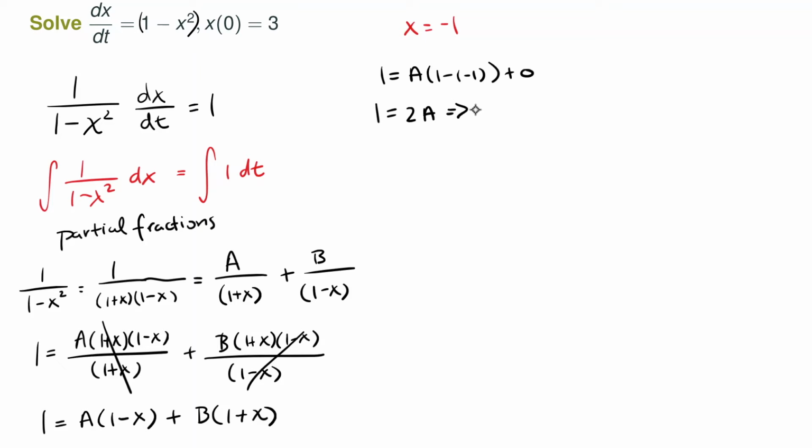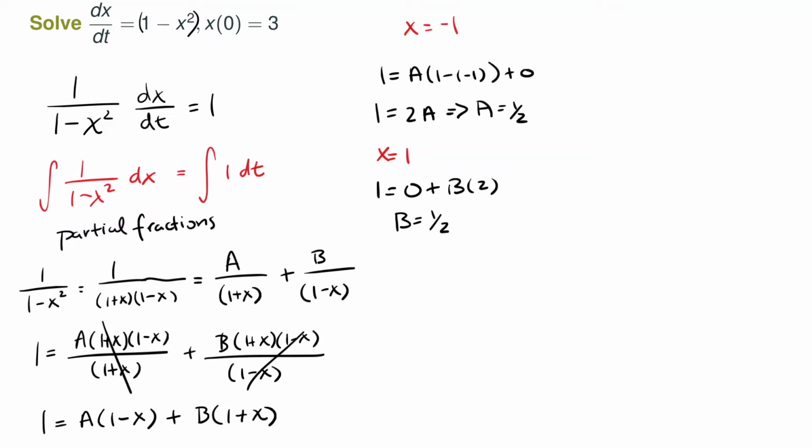That tells us a is 1/2. Similarly, if I choose x equal to positive 1, we make this term disappear, since 1 minus 1 is 0. We get 1 equals 0 plus b times 2. b also equals 1/2.